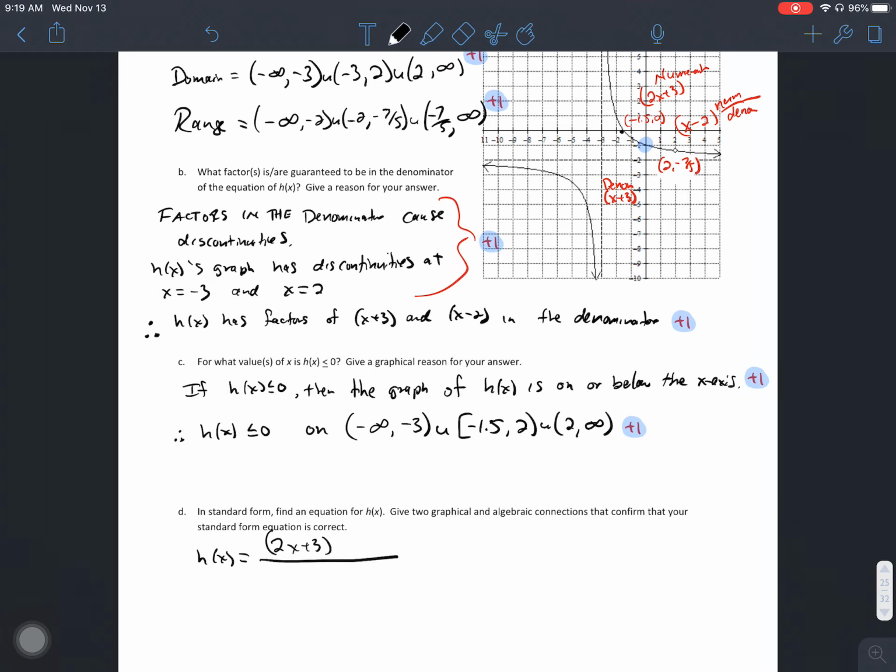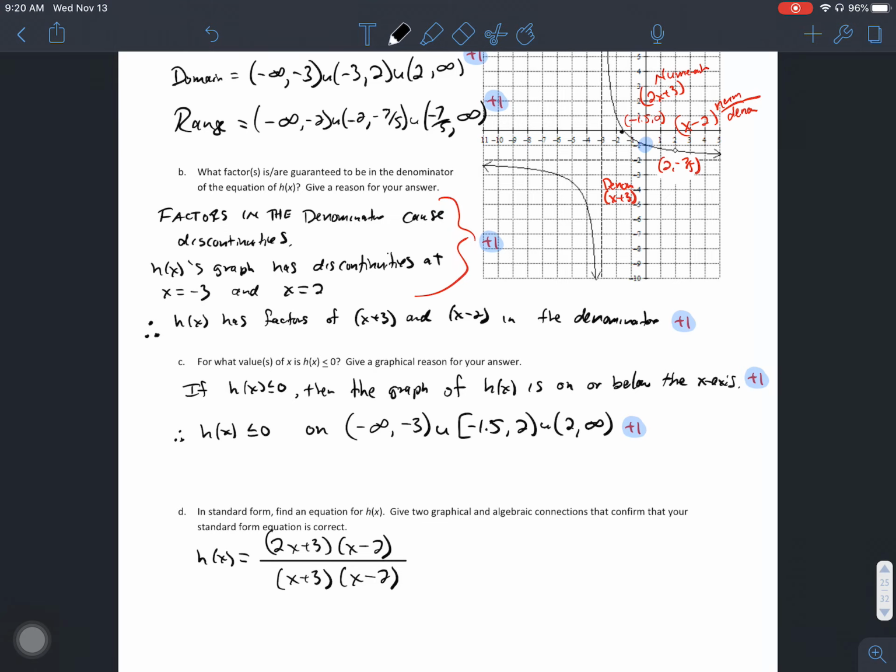We had a hole in the graph at x minus 2, so x minus 2 needs to be a factor on the top and the bottom. And then we had a discontinuity at x equals negative 3. That was a vertical asymptote, so in the denominator, we're going to need to have an x plus 3 in the denominator.